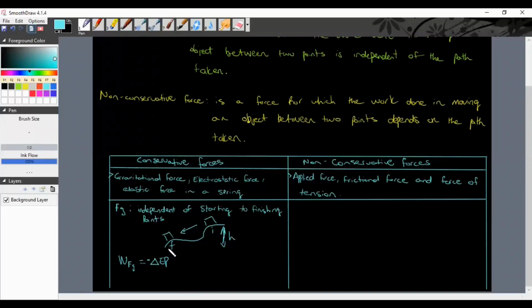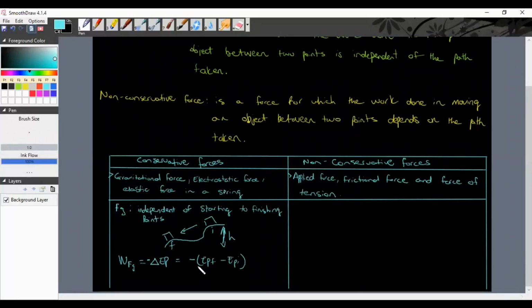The reason it's negative is that gravity is always going downwards. So it ends up being the negative change in EP, which is equal to minus (EPF minus EPI).